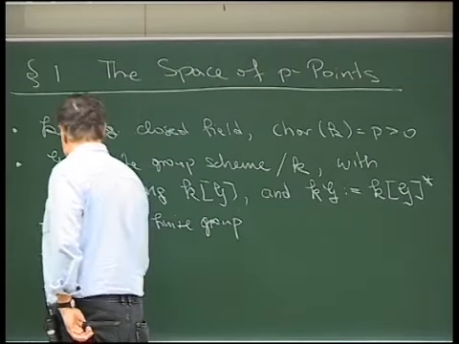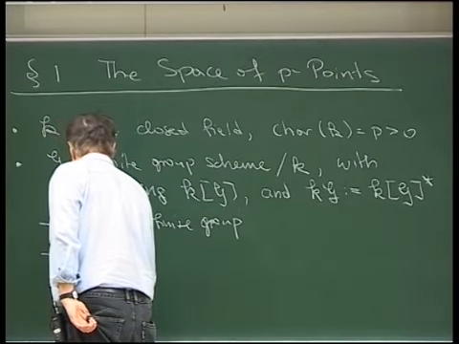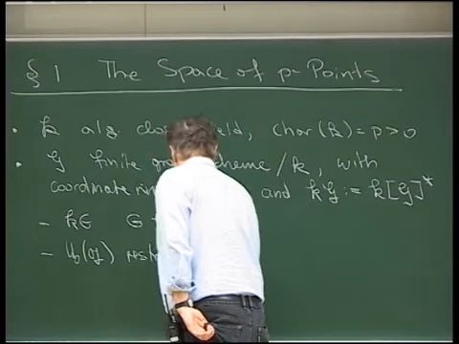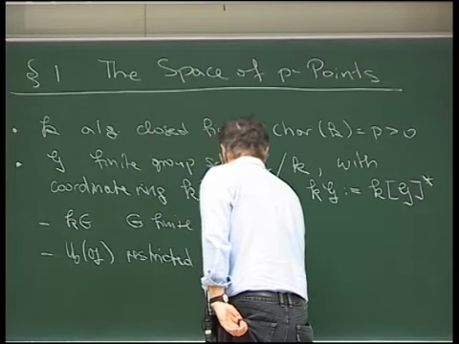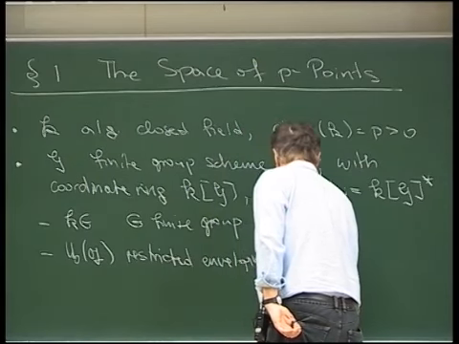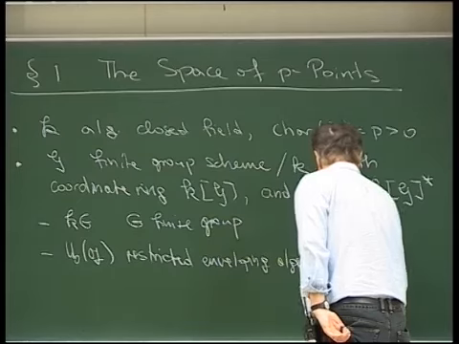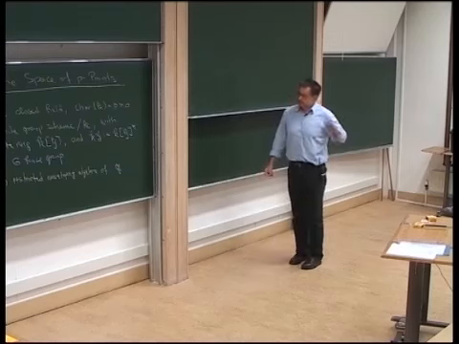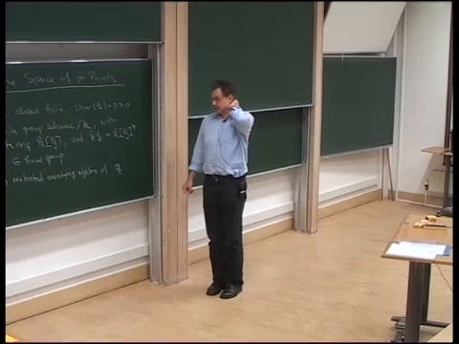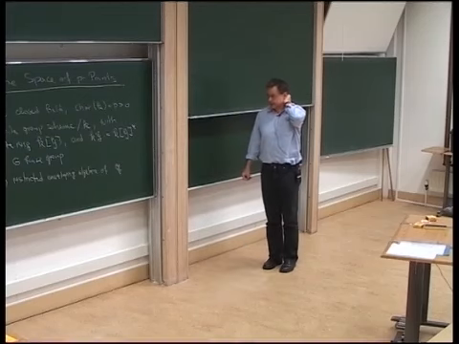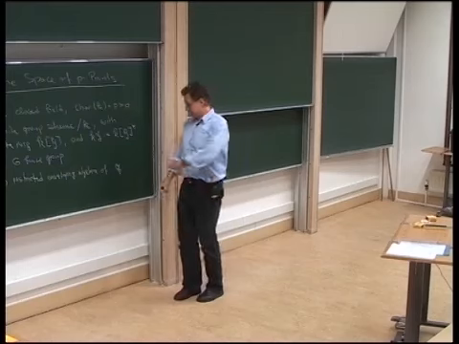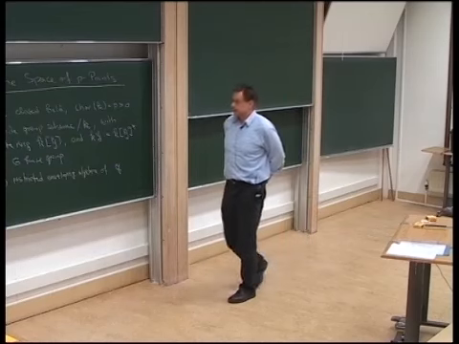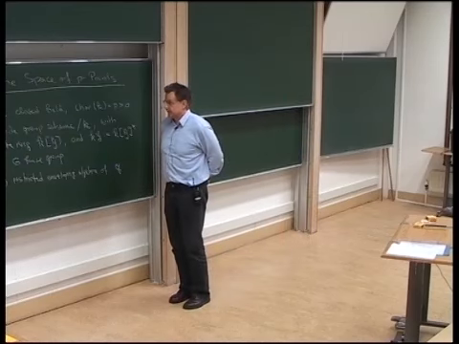So in positive characteristic, we have another standard example, the so-called restricted enveloping algebra of a so-called restricted Lie algebra G. This is a finite dimensional quotient of the ordinary enveloping algebra, and restricted really means that you have a p-map, so something like a p-power operator on G. So the Lie algebra of an algebraic group would always be a restricted Lie algebra.